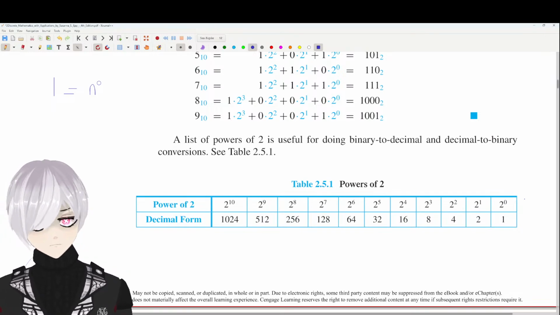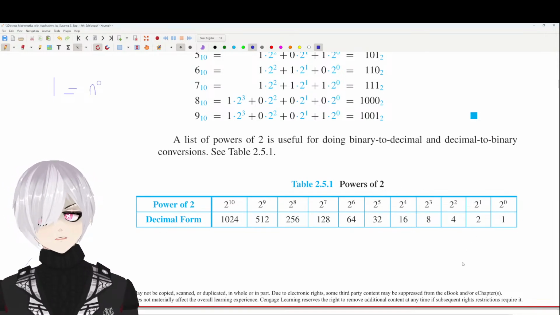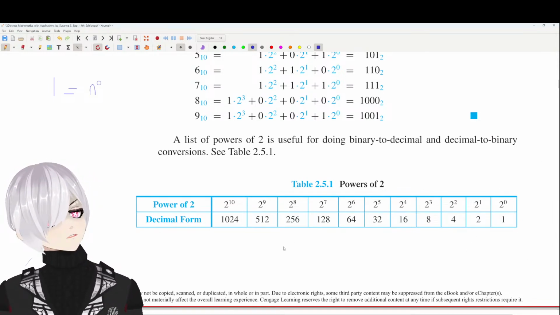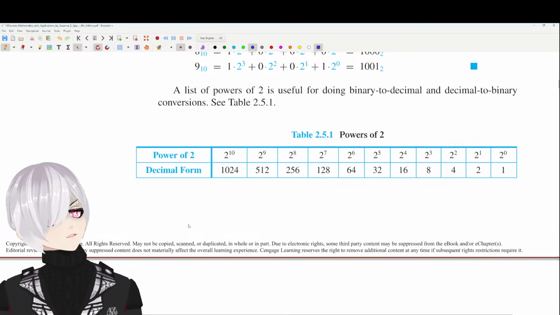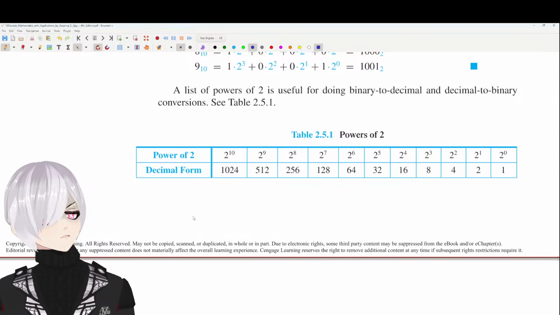A list of powers of 2 is useful for doing binary to decimal and decimal to binary conversions. See table 2.5.1. Those are useful because if you're given a binary number, you have to know the powers of 2 so that you can multiply the digits by them and add the results.